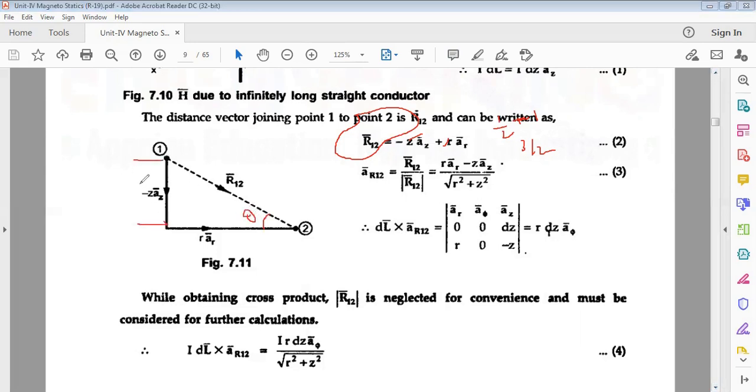The distance from origin to the point 1 is the Z, and the distance from origin to the point 2 is R. So tan theta is equal to opposite side, which is Z, and adjacent side, which is R. So Z is equal to R tan theta from this right angle triangle.